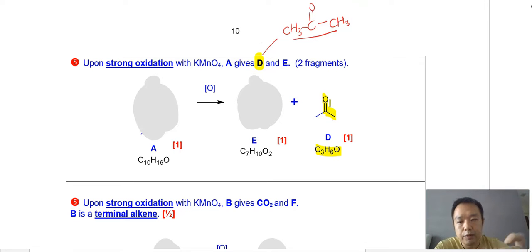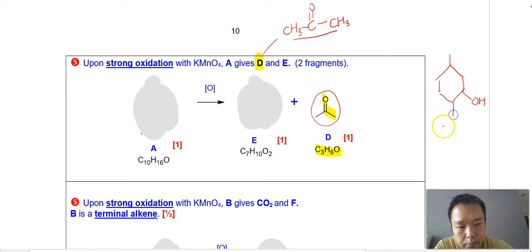Now, if you look at this molecule as a whole and compare it with the structure of menthol, where must the double bond be then? The double bond must therefore reside over here, right? So that when you break, you get C=O with the 2 methyl groups attached to it.